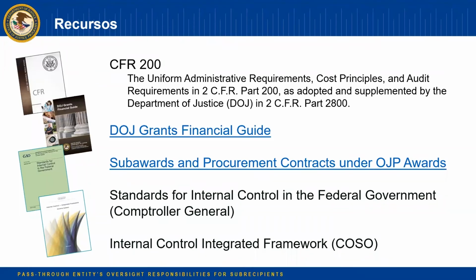I am not suggesting that you don't have proper internal controls in place, but I think these are good reference documents to line up with the internal controls that you currently have in process, to see whether there's anything in here that you can incorporate in your current internal control procedures.